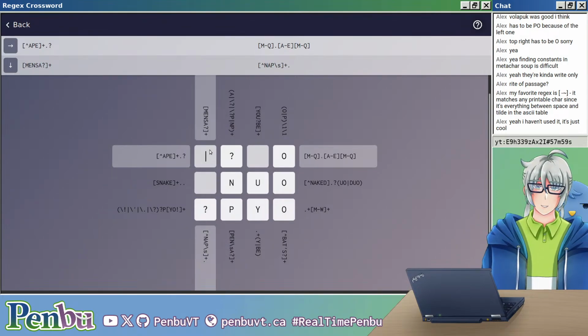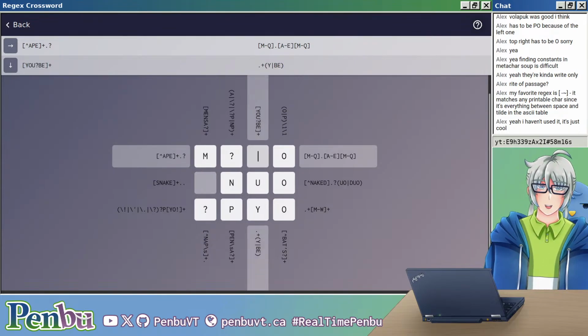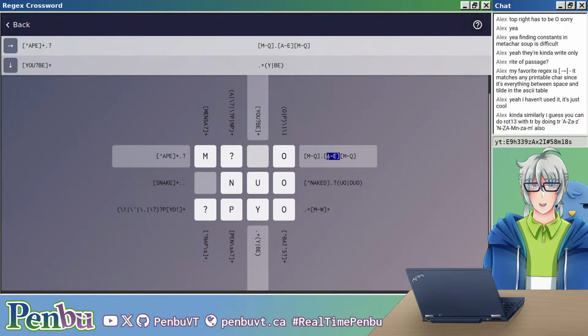M to Q. M, N, O, P, Q. So this is either an M or an N. Doesn't help us too much. Actually, okay, it does, because we can't have an N here, so this is an M. Which means this is an A, anything between A and E.